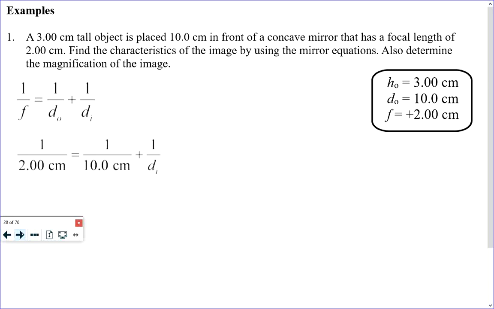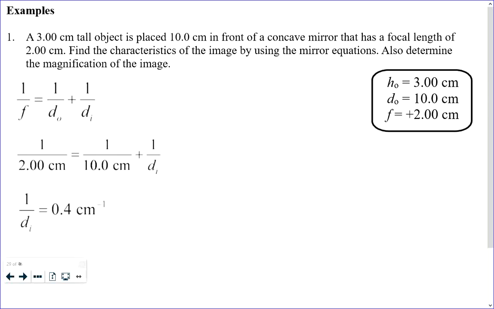For some reason, I think you're going to get 0.4. Now, when we do that, we get 1 over di equals 0.4, and the units of that are not centimeters. They're centimeters to the -1, or they are over centimeters, because this is 1 over a dimension, a distance.